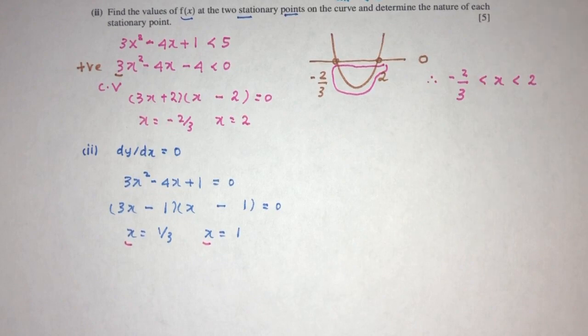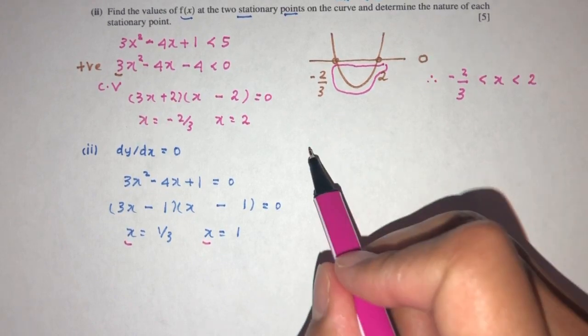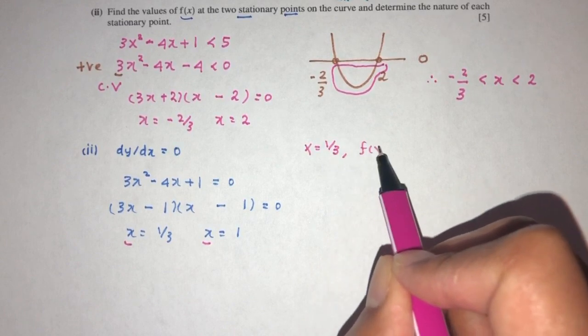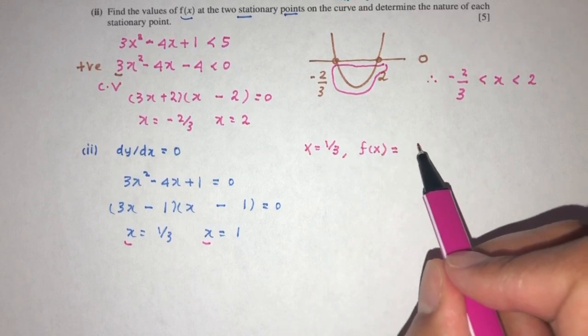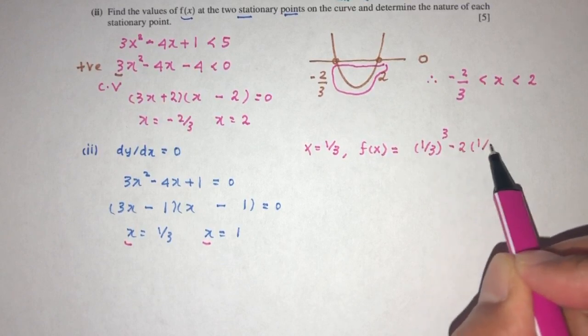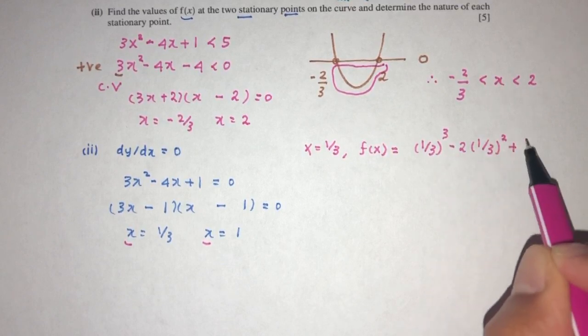Now we have to find the values of f of x, so pretty easy. When x is equal to 1 over 3, what is f of x? Let's see. That will be 1 over 3 cubed minus 2 times 1 over 3 squared plus 1 over 3.